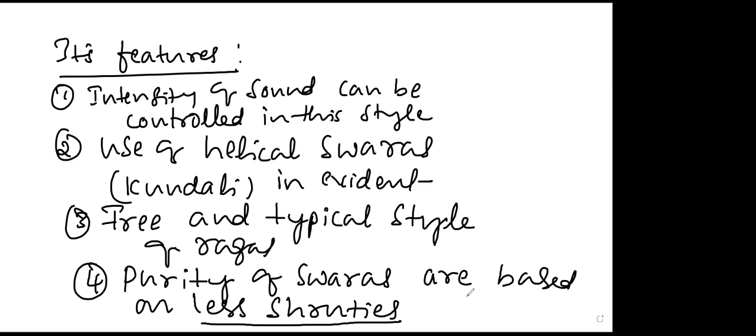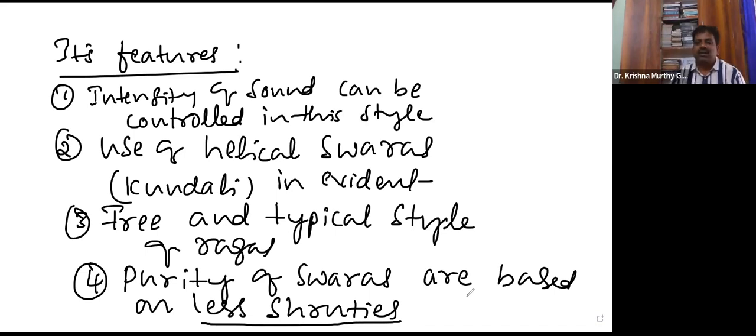So what is swara, sir? Purity of swaras. What is swara? Swara means lyric components, a way or mode of singing, like rhythmically and slowly singing it. That is called the swaras.